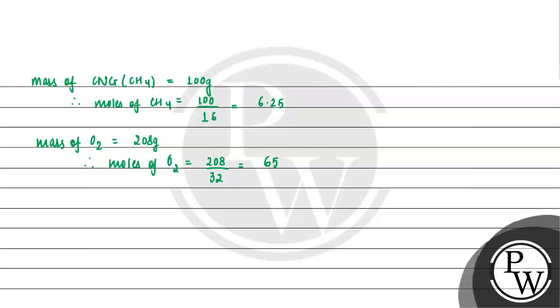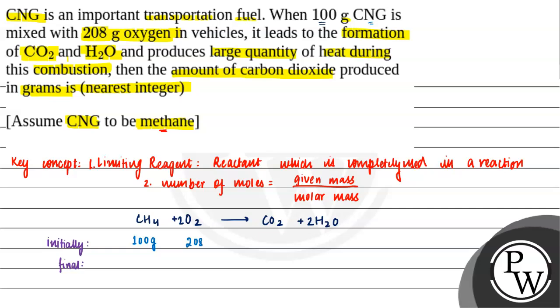So here we have 6.25 moles and here 6.5 moles. Let us just remove the given mass because it won't be required.